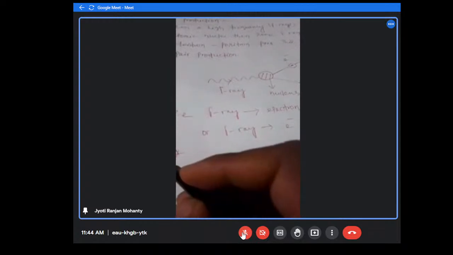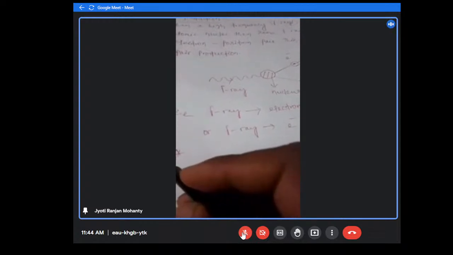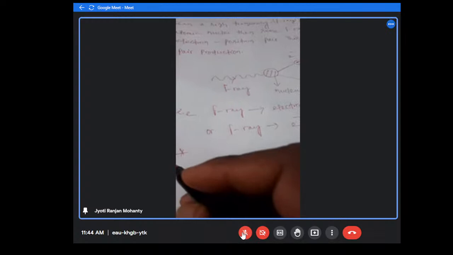So for some MCQ based questions, you can note down: it is an example of conservation of energy and momentum.